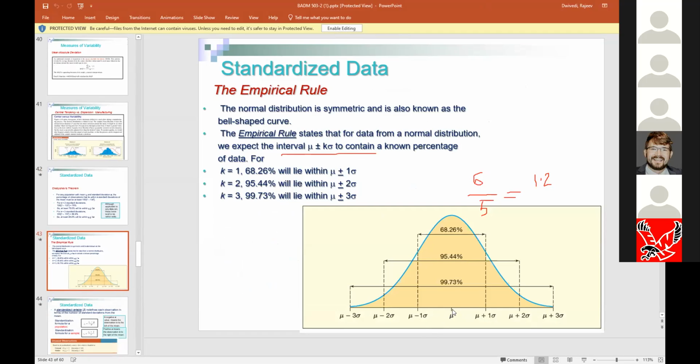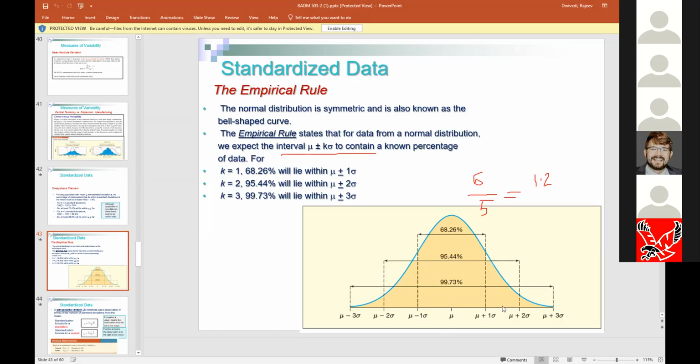So this is mu, which is the average. Average plus 1 sigma, average minus 1 sigma: 1 sigma from the mean here, 1 sigma from the mean here. This is called 2 sigma, and its value is 68.26%.